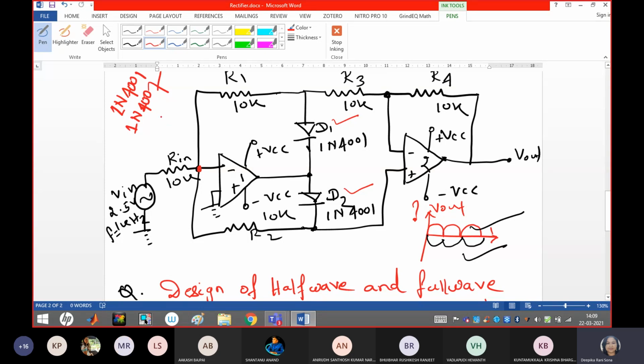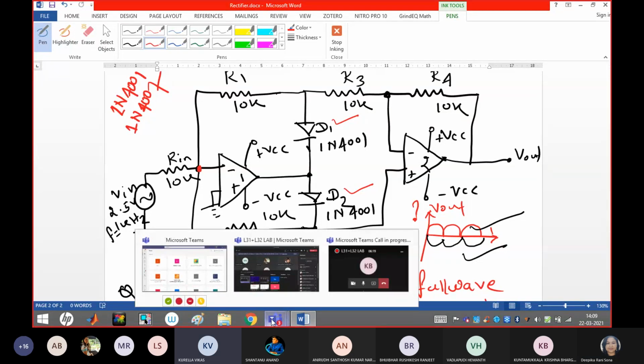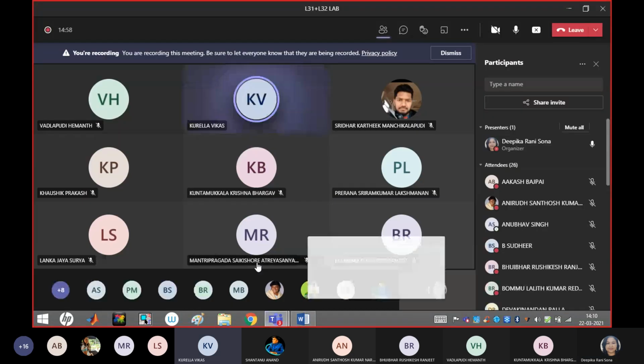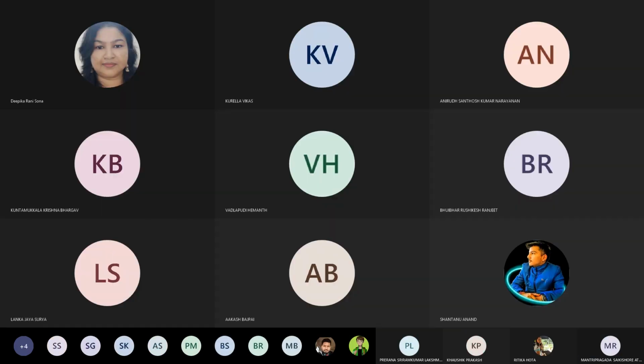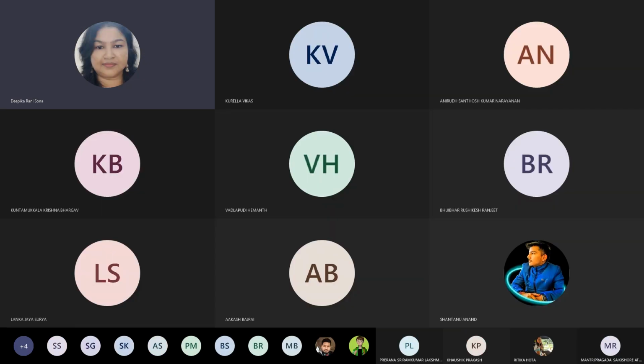Ma'am, in the simulation profile, is it 5 milliseconds? Yes, it is the same. The simulation time you give is 5 milliseconds and the step size is 0.001 to get a better, smooth output.